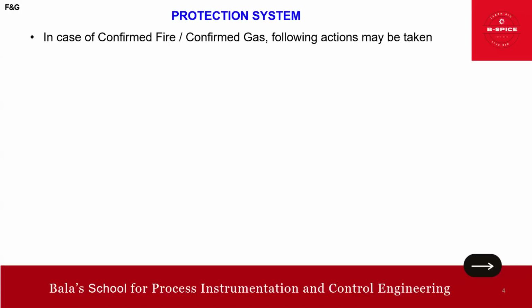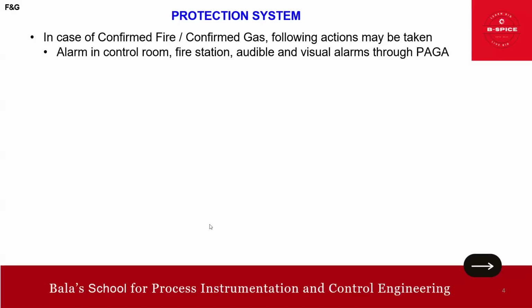In case of confirmed fire and confirmed gas, we have to take all these actions. What is this? Alarm in control room and fire station, and audible and visual alarms through PAGA.